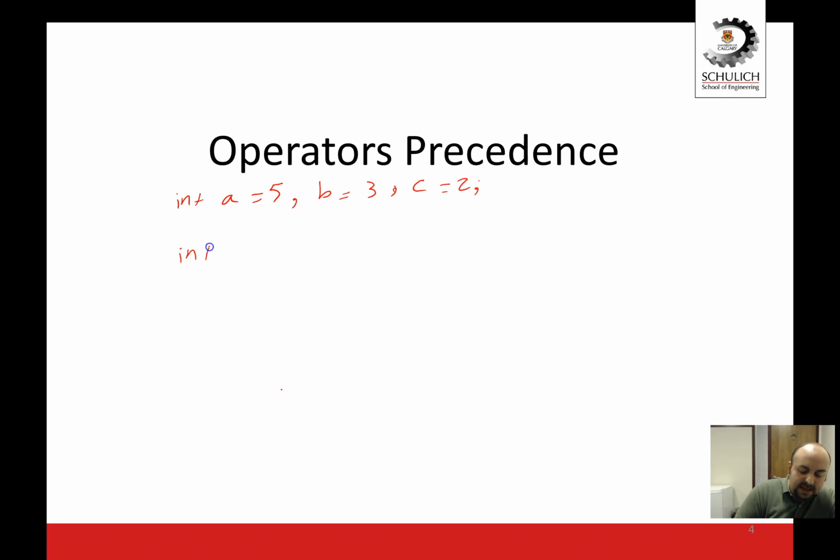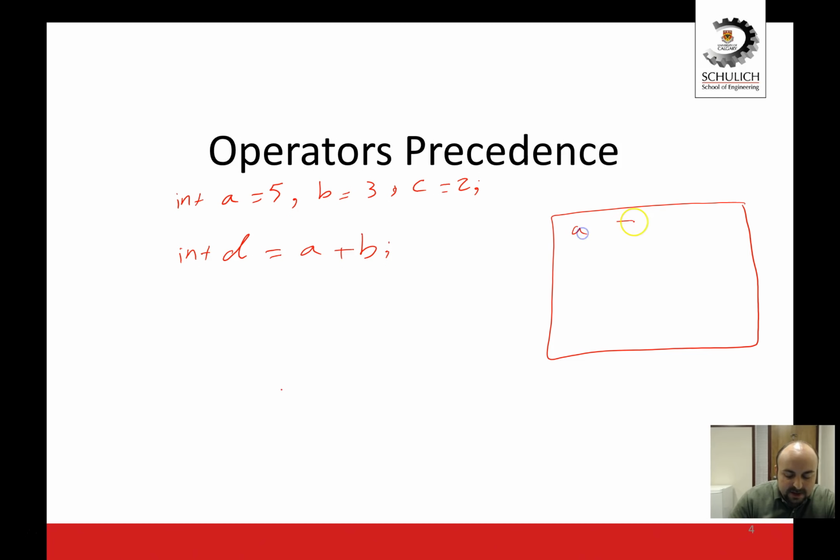If I say int d equals a plus b, this is quite simple, right? So let's go ahead with the memory diagram. You're going to have a as 5, b as 3, and c as 2. So when I have d, it is going to be the result of this operation. So a plus b, a is 5, b is 3, so d is going to be 8 in memory.